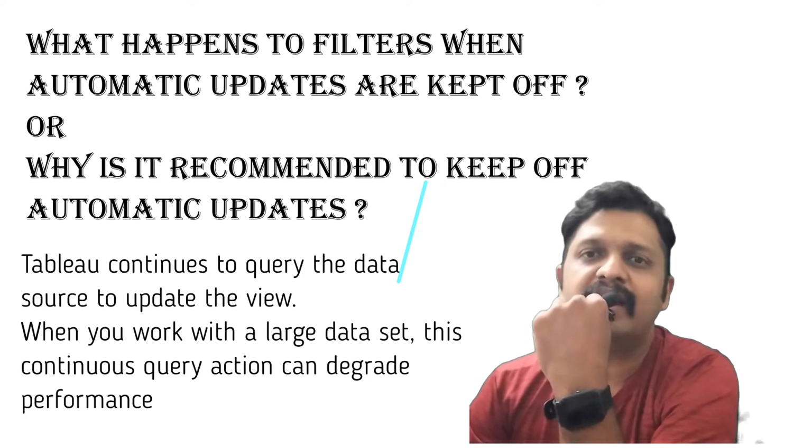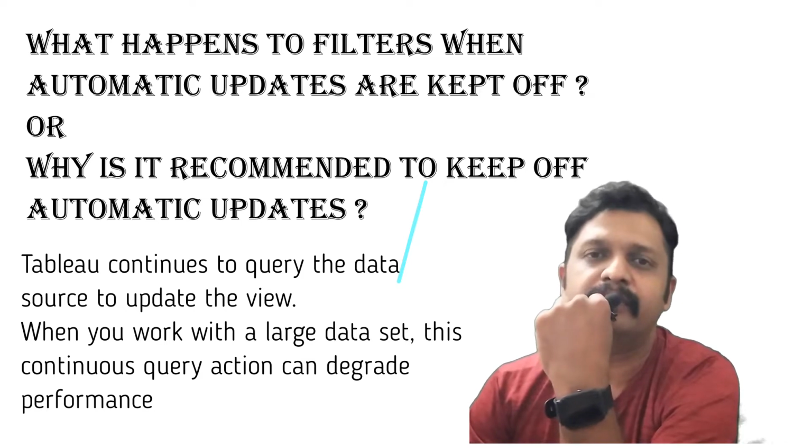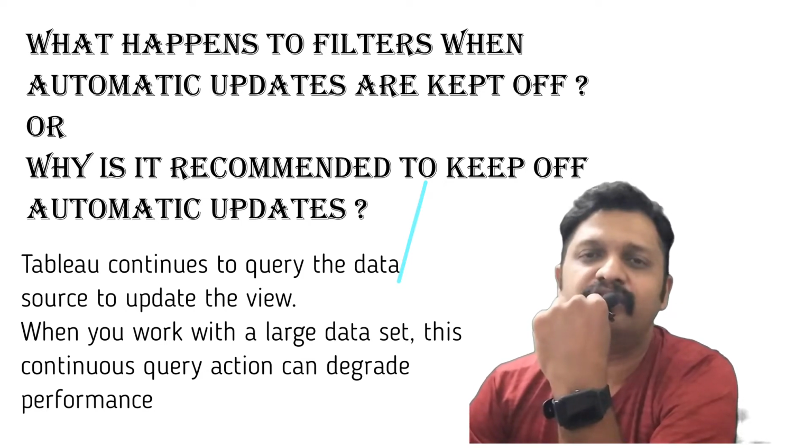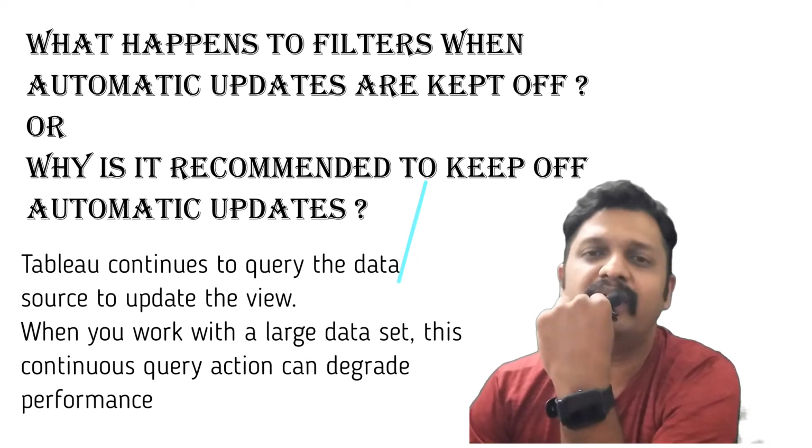When you work with a large data set, this continuous query action can degrade performance. So Tableau also gives you an option to pause automatic updates for filters. If you pause automatic updates for filters, you can make as many changes as you need without having to wait for Tableau to update the filter each time.